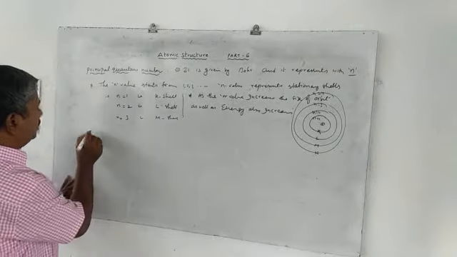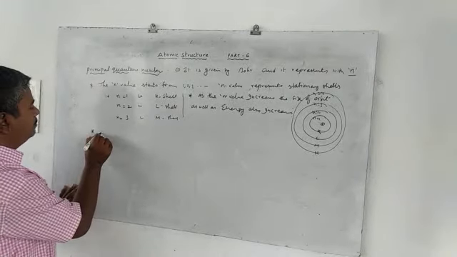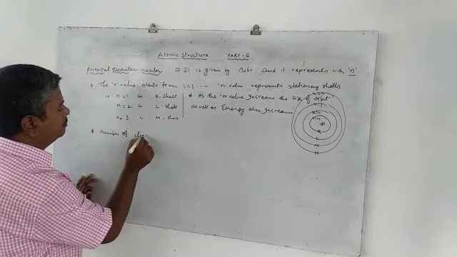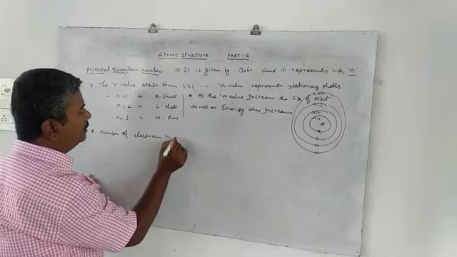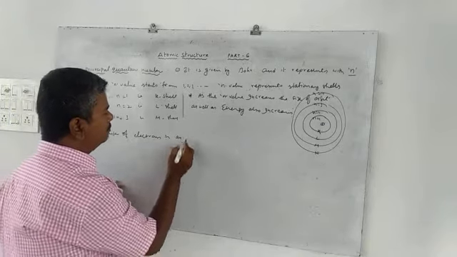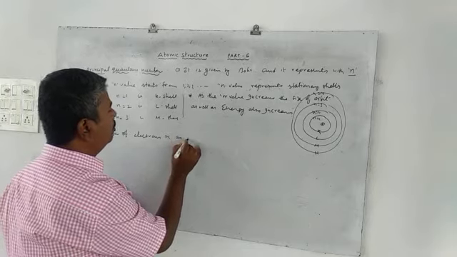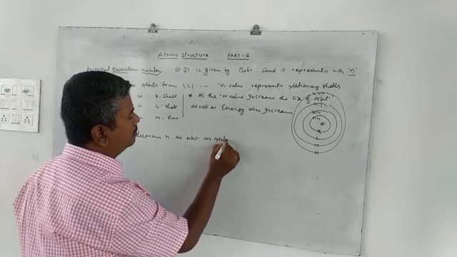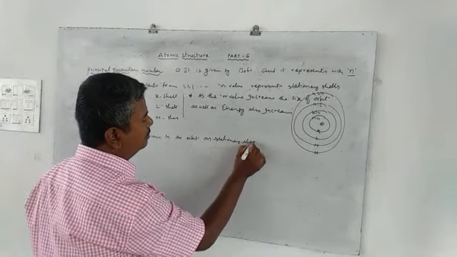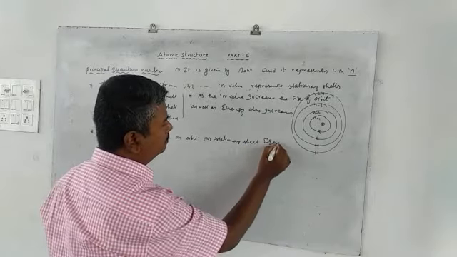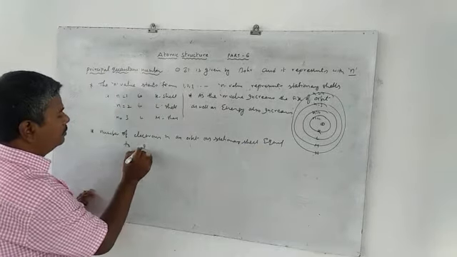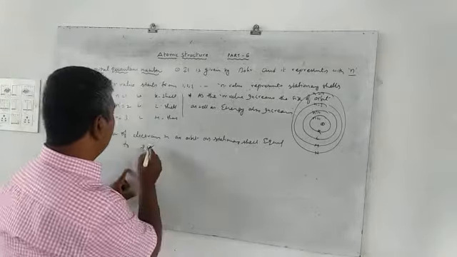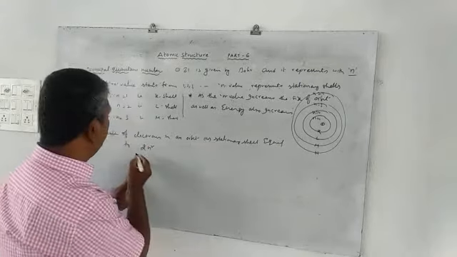And one more interesting thing: the number of electrons in an orbit or stationary shell equals 2n square. Equal to which one? 2n square.